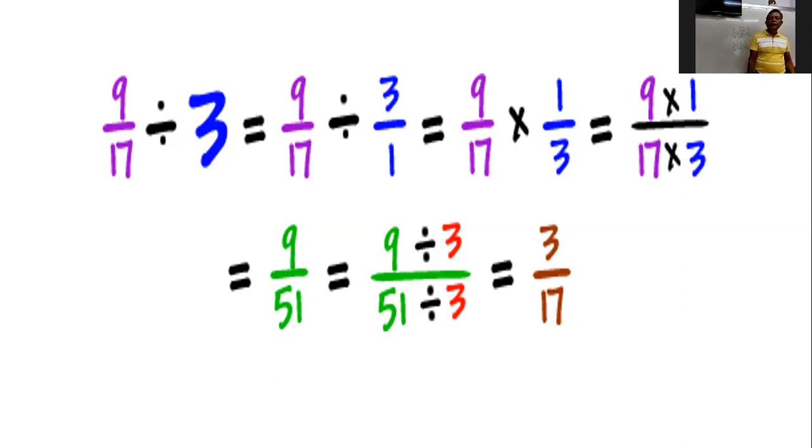Instead of division, it becomes multiplication. So you have now 9 times 1 equals 9. Then 9/51. Then find the simplest form. I mean, find the lowest term by finding the greatest common factor between 9 and 51. So the greatest common factor between 9 and 51 is 3. So 9 divided by 3 is 3, and 51 divided by 3 is 17. So our final lowest term answer is 3/17.